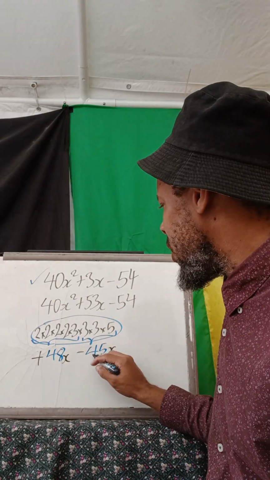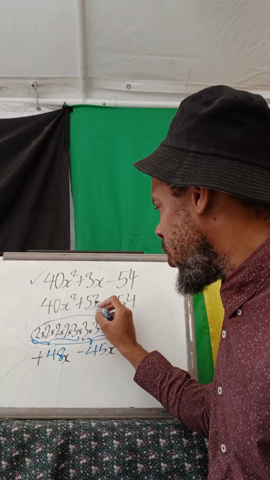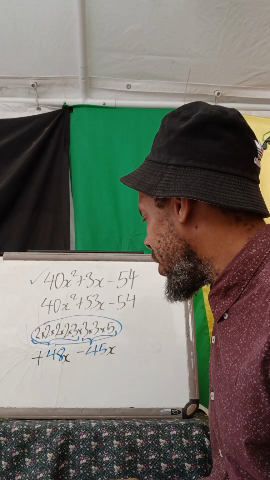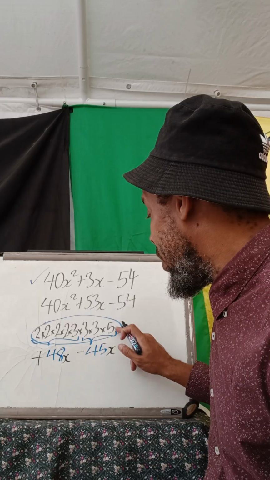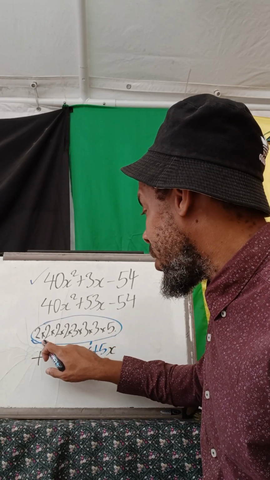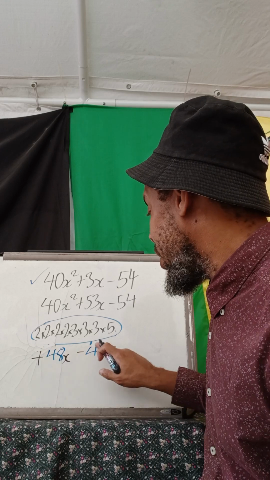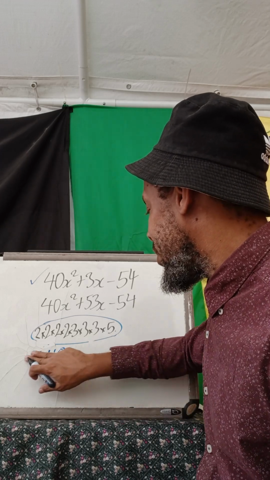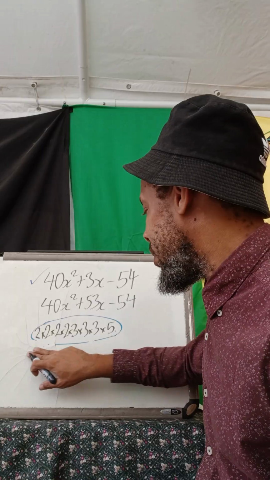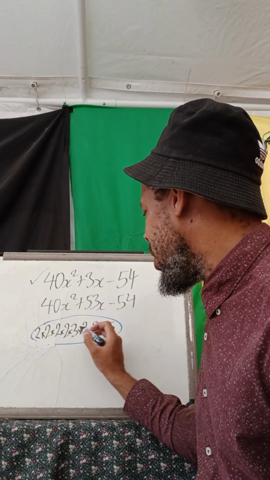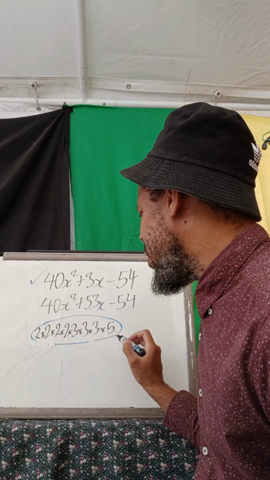Now, what if we wanted to do this one right here, the plus 53? How would we get that done? Well, I kind of spoiled it already. What we would do is, we would have 8 times 10, that's 80.